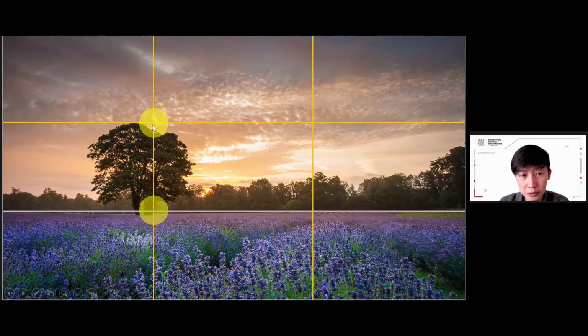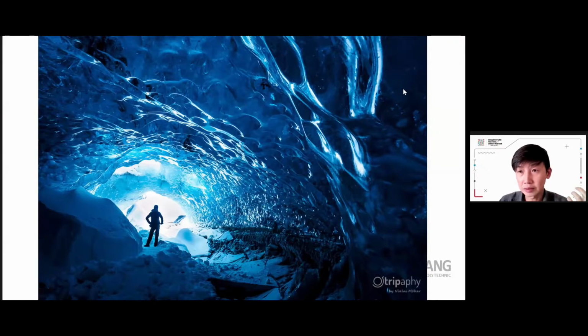So always the important characters, or anything like trees that we want the audience to notice, we put at these four corners. Okay, more examples like this.